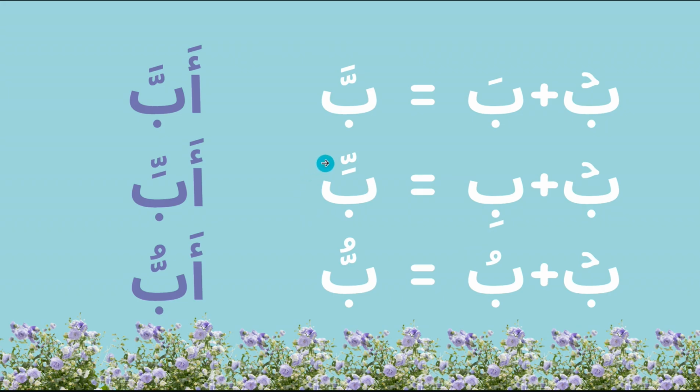So it's sometimes written like this, and this is regarding the kasra, because the fatha is always above the letter and the dhamma is always above the letter. So here also, it's a ba sukoon, came after it a ba dhamma, so it's written like this, two letters, the first sukoon merged into the second and became a ba shadda with a dhamma.